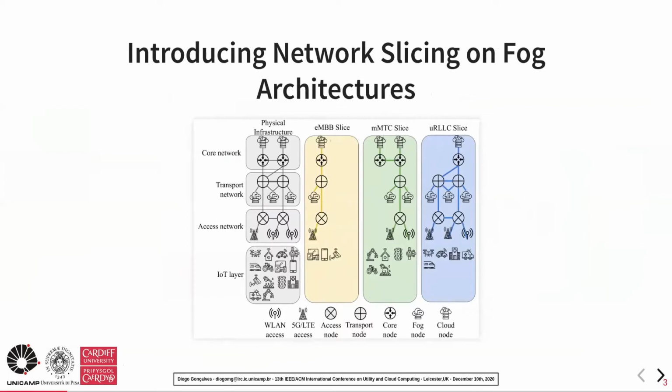Network slices are virtual networks running over the same physical infrastructure. Based on that, we can create specific virtual networks to serve users with different requirements. For instance, we can create a slice to serve users that require low latency, and another slice instance to serve users that require higher throughput or a specific network topology.